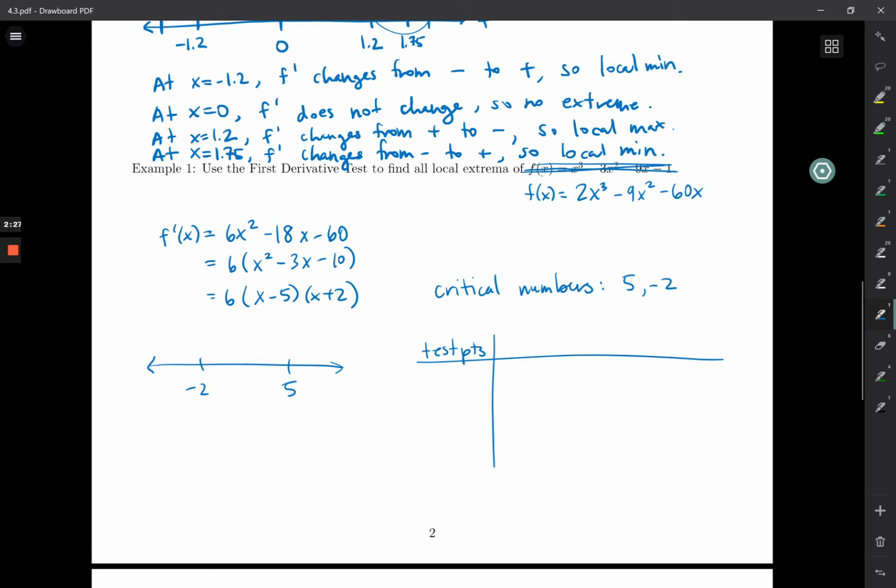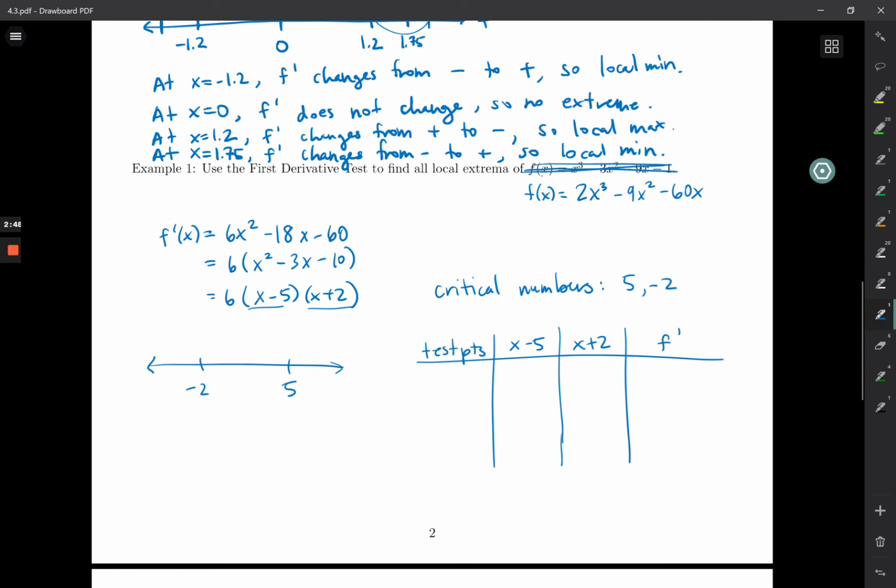It's not going to change the sign. So this time I'm just going to leave it off, not create a column for it, only create a column for the two factors that actually depend on x. So we'll have x minus 5 and x plus 2, and then that will determine the sign of f prime.